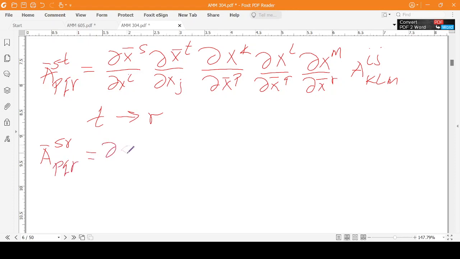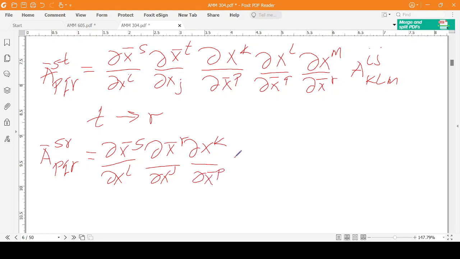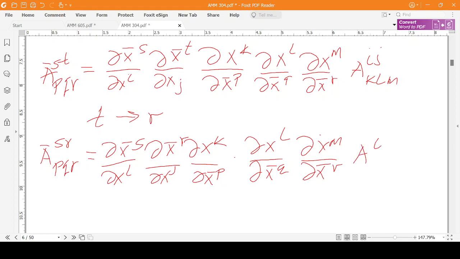It should be dx bar s by dxi, dx bar r now by dxj, dxk by dx bar p, sorry, that's not x bar, it's xk by dx bar p, dxl by dx bar q, then the partial xm by dx bar r, a I j k l m.